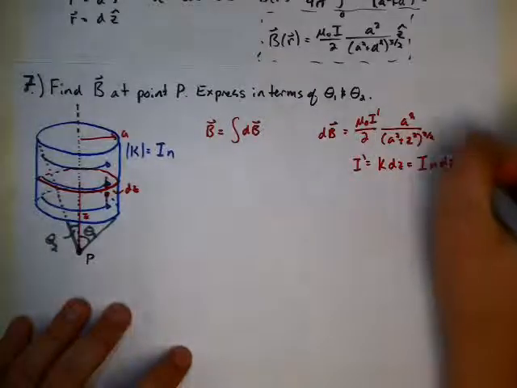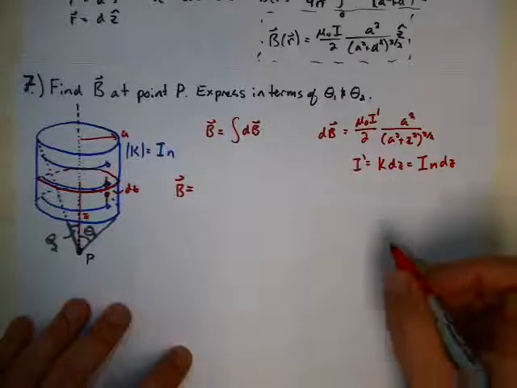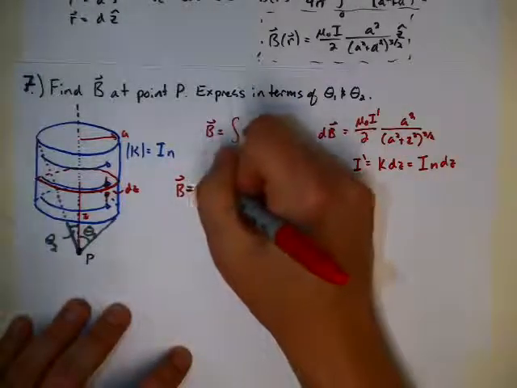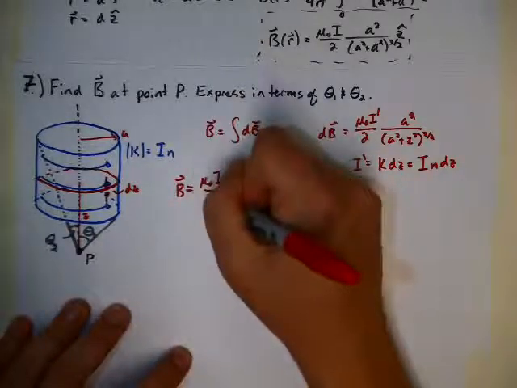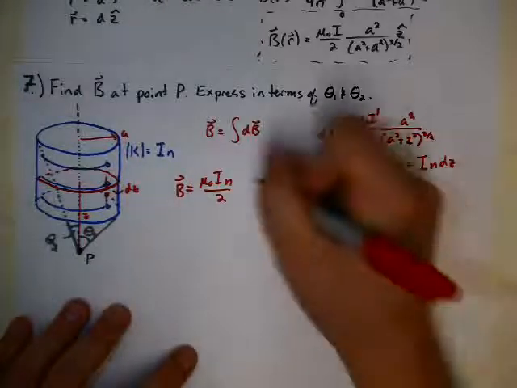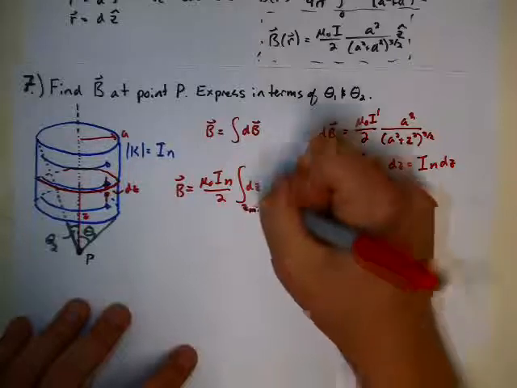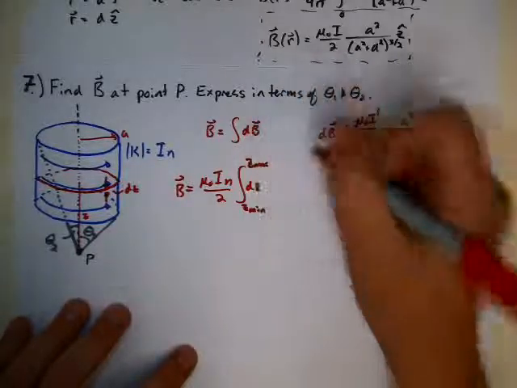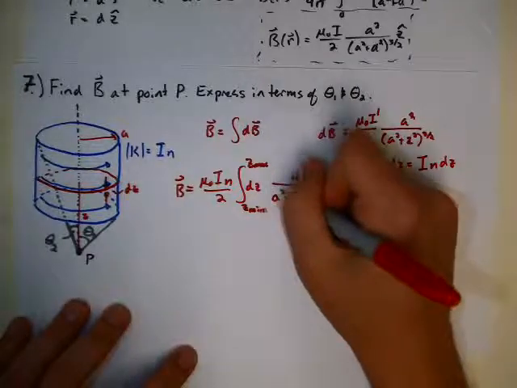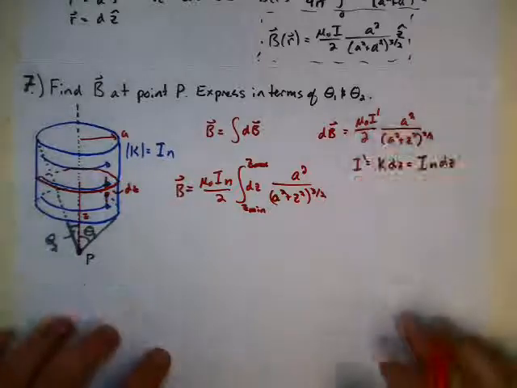And so plugging this expression in here, I get the magnetic field is now mu naught I n over 2, and then I'm going to have an integral dz from, let's say, z min to z max, of a squared over a squared plus z squared to the 3/2 power.